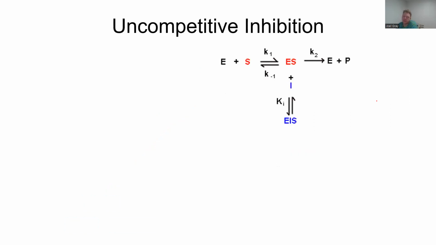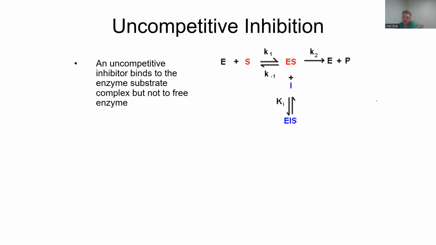Now, next up is uncompetitive inhibition. An uncompetitive inhibitor binds to the enzyme-substrate complex, but not the free enzyme. So this ES, when we're just about to generate the product, the inhibitor swoops in and says, not so fast.